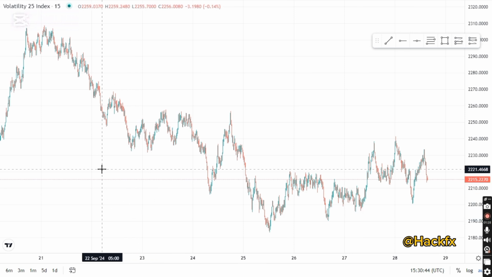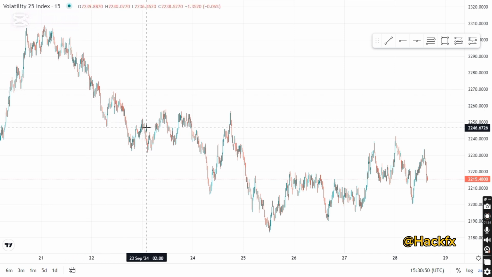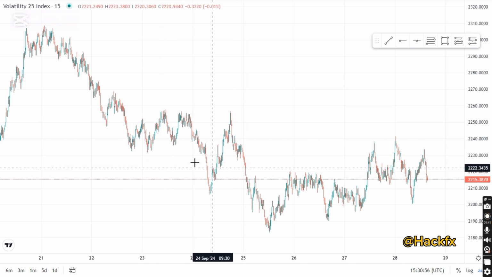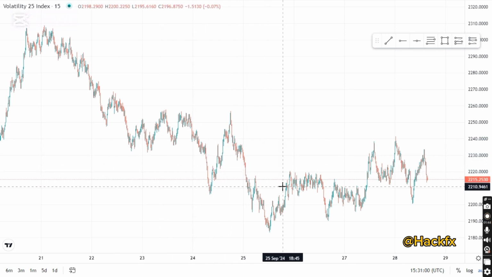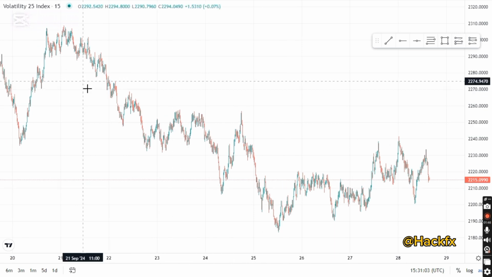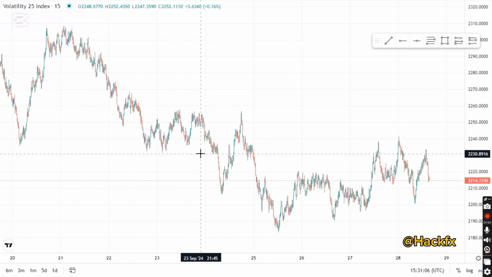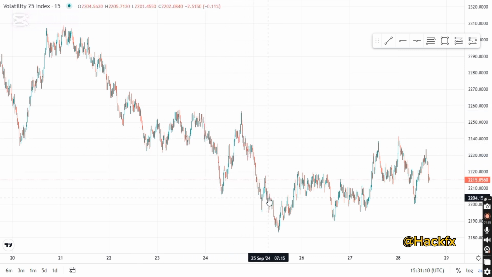Right now, we can see that this pair is on a downtrend. It's been making a series of lower lows and lower highs. One thing we can note here is that each time it makes a lower low, there is always a pullback, and then there is a continuation in selling.